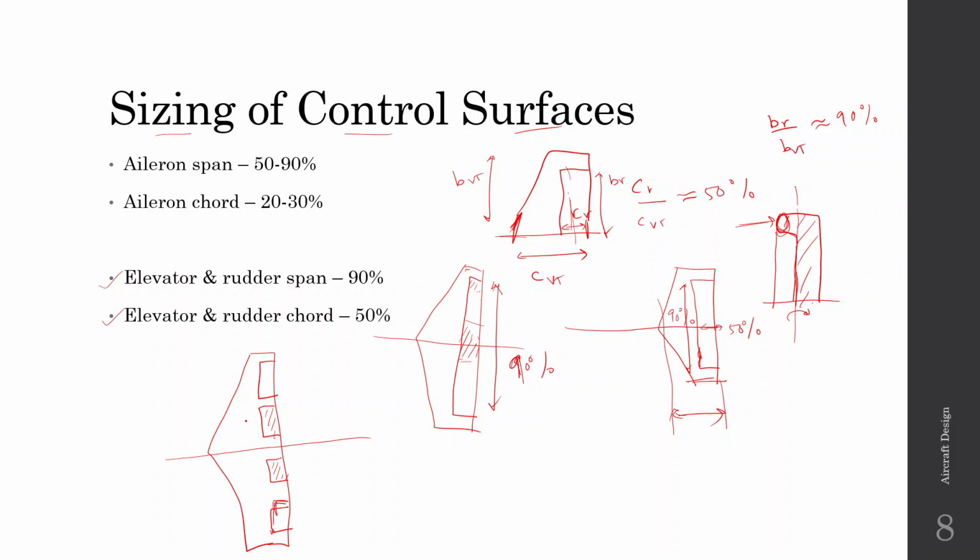And there are other things also. You may also have spoilers on the wing, like this. These spoilers are used during landing or during descent to spoil the lift. When the spoilers are deflected, they reduce the lift of the wing, and they also increase the drag.